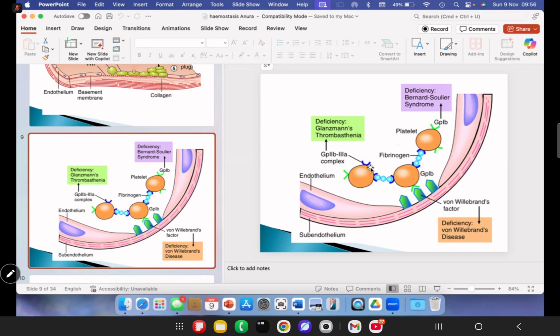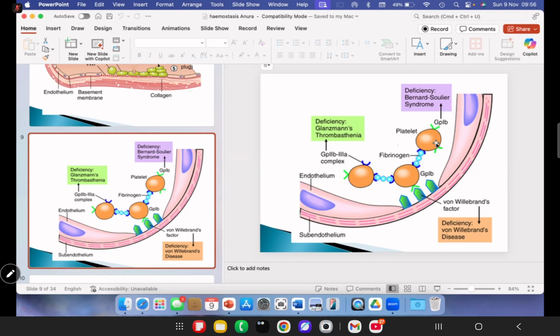So those will attract fibrinogen and form bonds between platelets, and platelet aggregation occurs through these. Okay, understand? So this is done with the glycoprotein 1B. This bond will be done with the glycoprotein 2B and 3A, right? And these are the ways of binding.